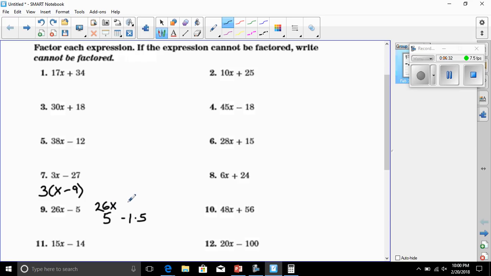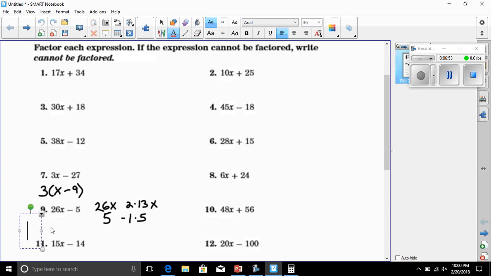Well, we could say that 2 times 13, and we'd have to stop right there. There are no numbers on the top and bottom to match. So that means this cannot be factored. And I'm just going to go ahead and type that in there. Cannot be factored.